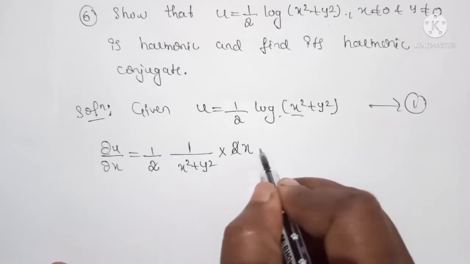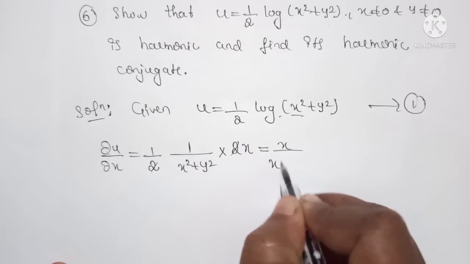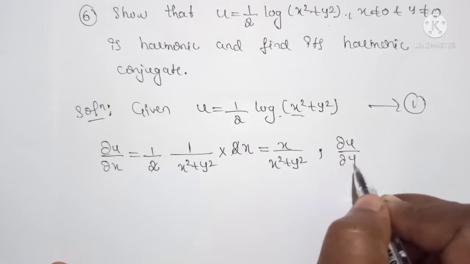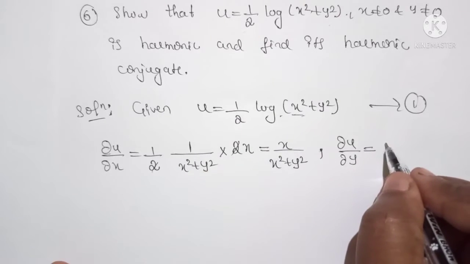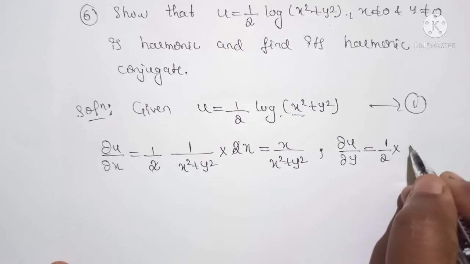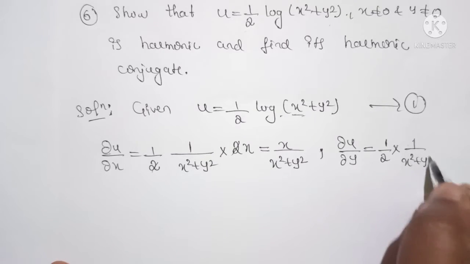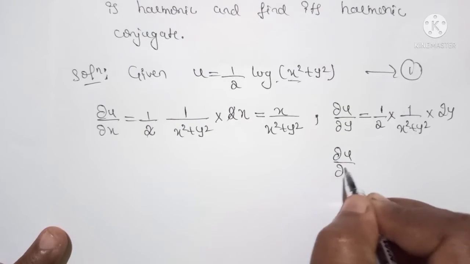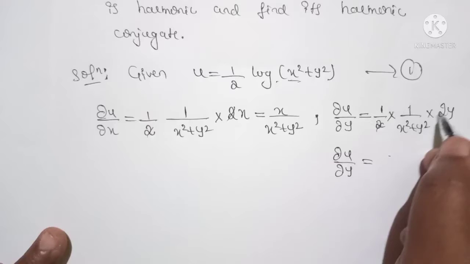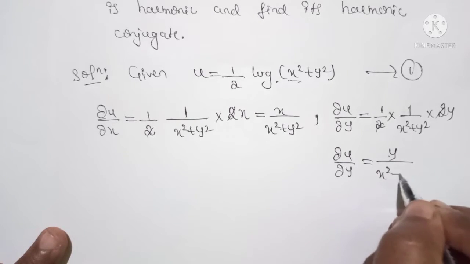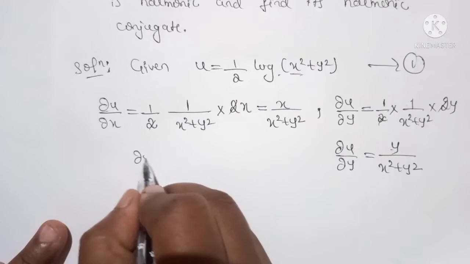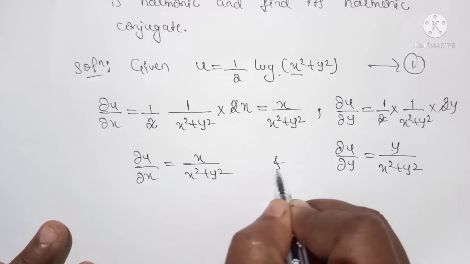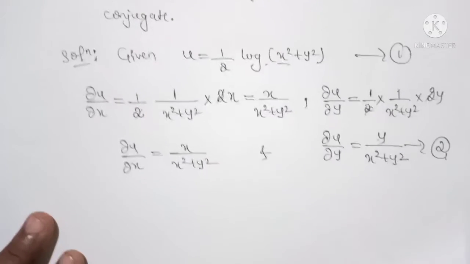The 2s cancel, and we get x divided by (x² plus y²). Similarly, ∂u/∂y, the same way, with 1/2 taken outside, 1/(x² plus y²) into the derivative of y², which is 2y, gives ∂u/∂y equals y/(x² plus y²), and ∂u/∂x equals x/(x² plus y²). So consider these two equations as equation 2.